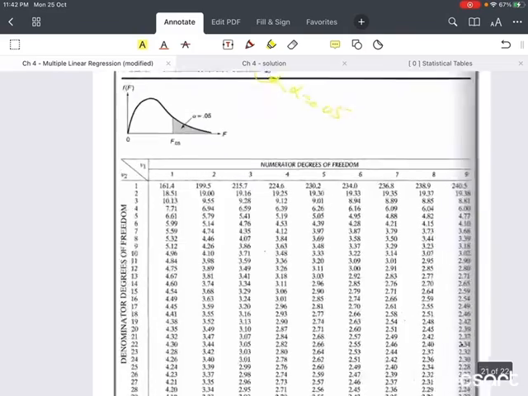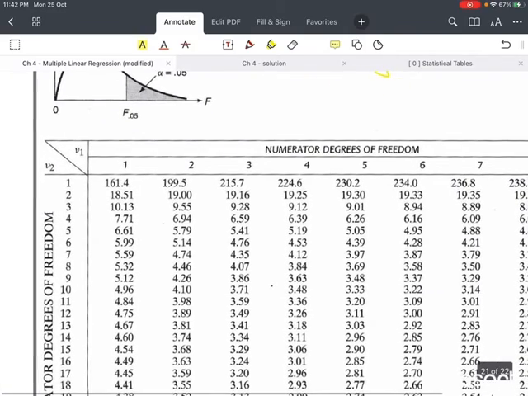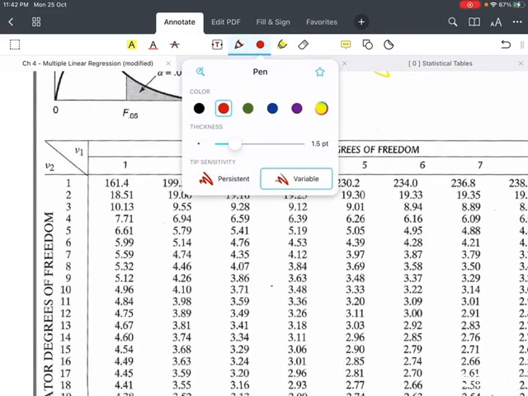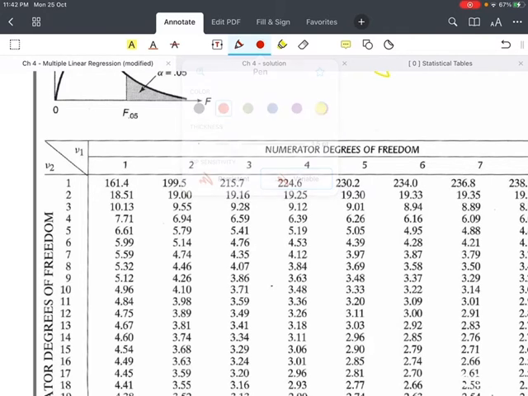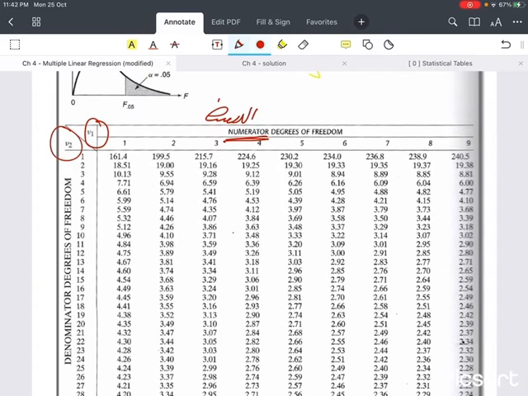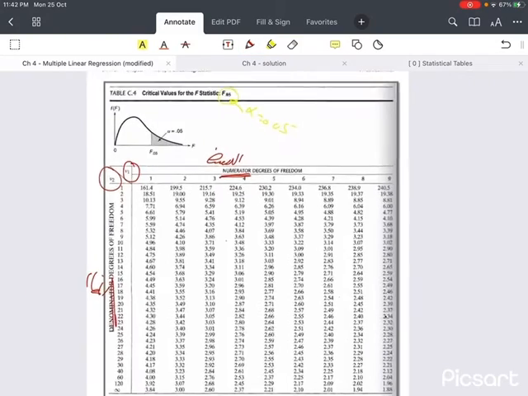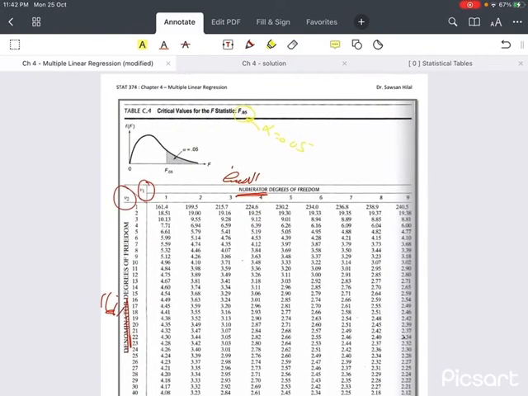Then you will see here they have 2 degrees of freedom. This will be for the numerator, then nu 2 will be for the denominator. So what do I use in the table? I use only the degrees of freedom.